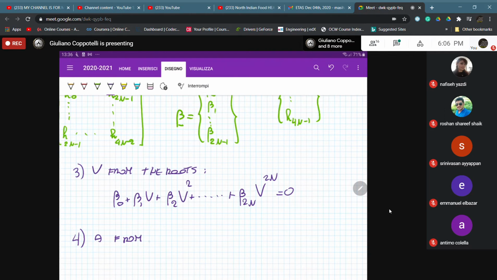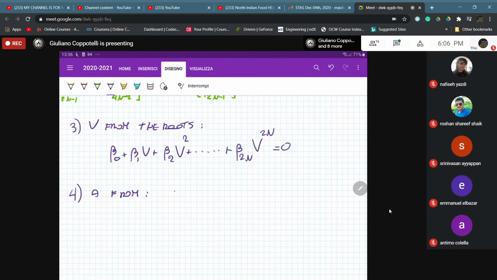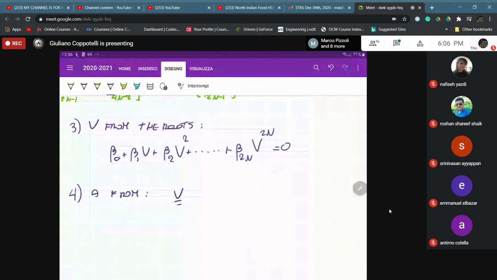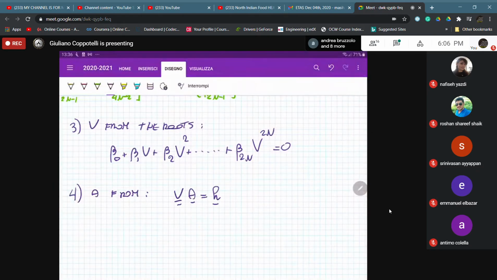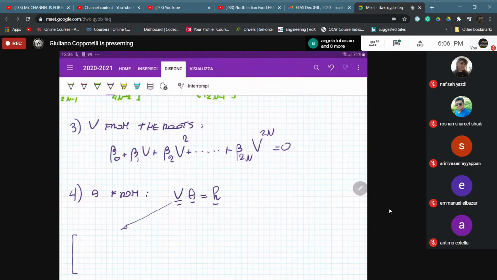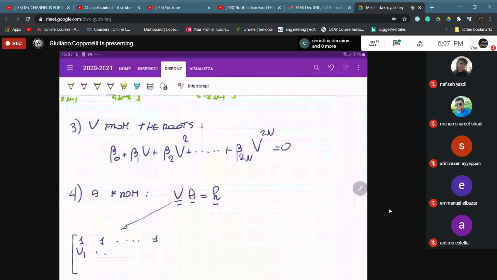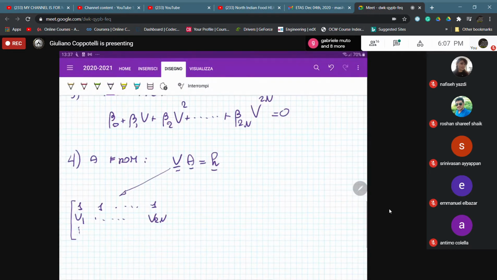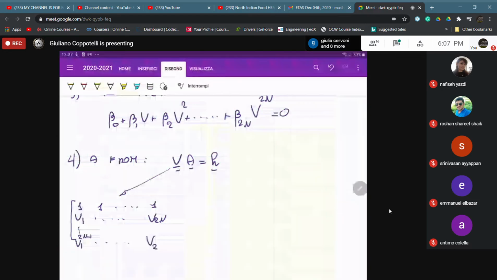Okay. Then once we got these V terms that are the roots of your algebraic equation, then A from the system that has been written as B A equal to H. Remember, your B matrix is 1, 1 up to the last term, B1 up to the last term, and then the last contribution is B1 to 2 and negative 1, 2 and 2 and negative 1.